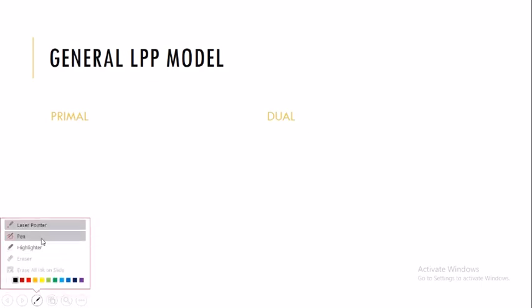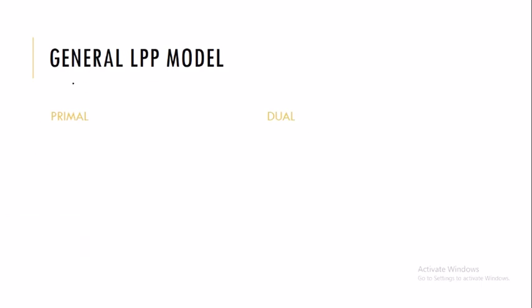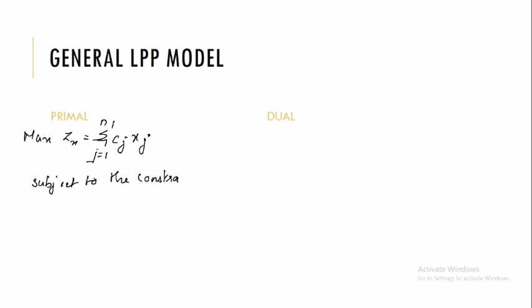So I'm going to write the general LPP model, and in the case of primal you can write it as maximize Zx is equal to summation j is equal to 1 to n cj xj, subject to the constraints summation aij xj less than or equal to bi, where i takes the values 1, 2, 3, etc. up to m, j is equal to 1 to n.